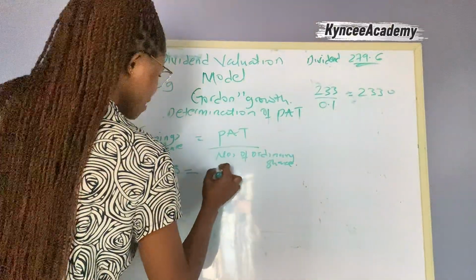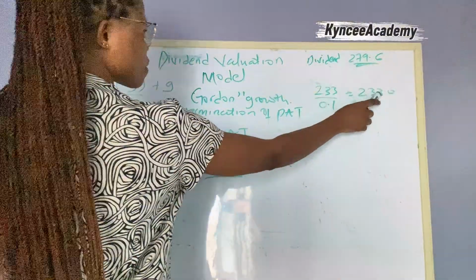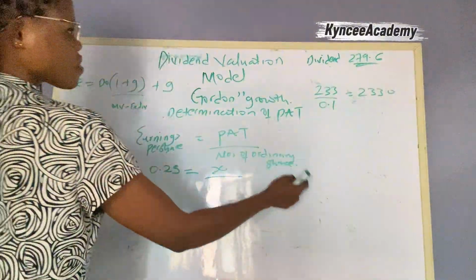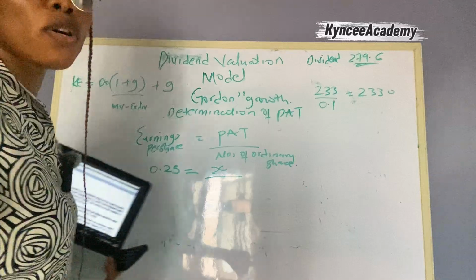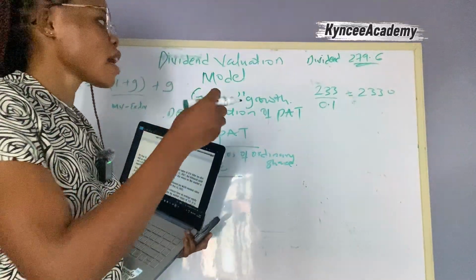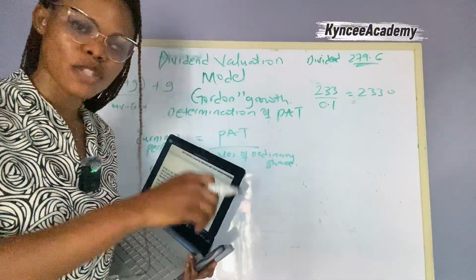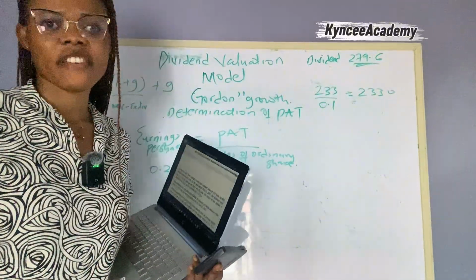We don't know what our PAT is, so we say x all over the number of ordinary shares. When you want to get the number of ordinary shares, you take the ordinary share capital divided by the nominal value, and you will get your number of ordinary shares.